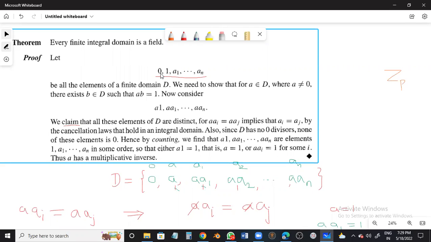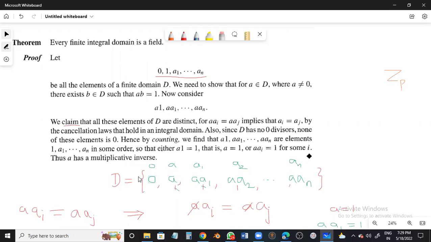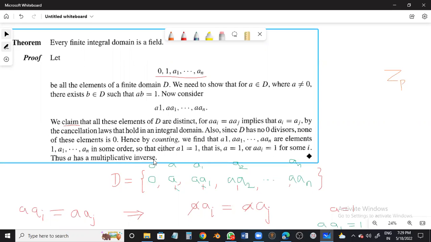And the operation is binary. Means I'm getting back the same set. So any of these entries must be 1. So we are saying it must be in some order so that a into 1 will be 1 or a into ai is 1 for some i. Means what? a surely has a multiplicative inverse.